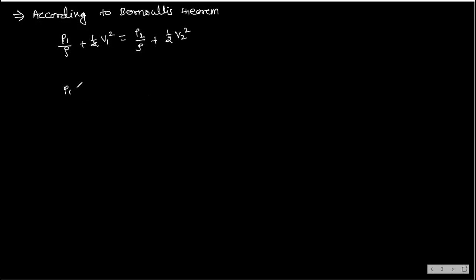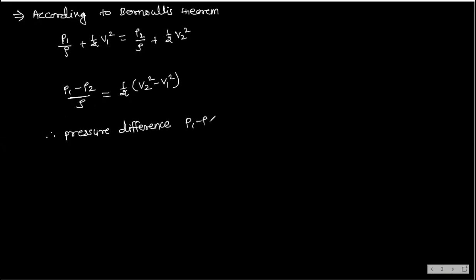Just transfer this term to this side. P1 minus P2 by rho is equal to half, taking common, V2 square minus V1 square. So this is your pressure difference: P1 minus P2 is equal to half rho V2 square minus V1 square.